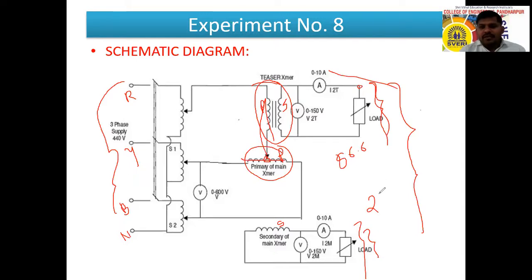If we do the neutral common or the negative common, then we will get directly two phase, this is one single phase, this is one single phase, that means two phase load, right? See, this one is the VARAC, then the R phase can be connected to one terminal of the teaser transformer. The next terminal of the teaser transformer can be connected to the 50% tapping, or do you know that this main transformer is centrally tapped.